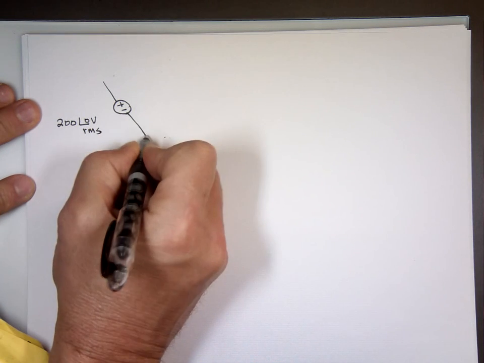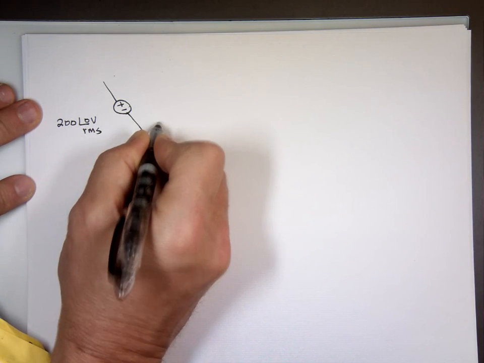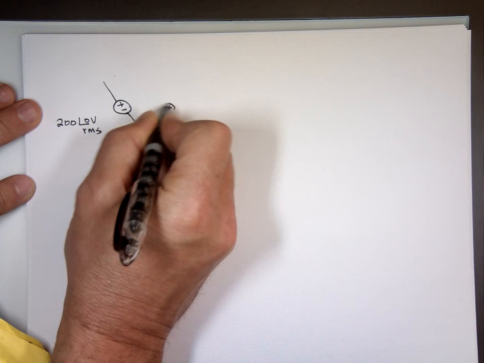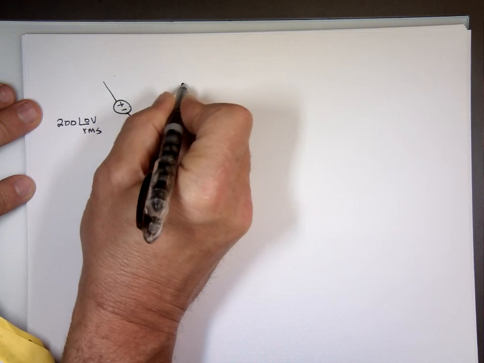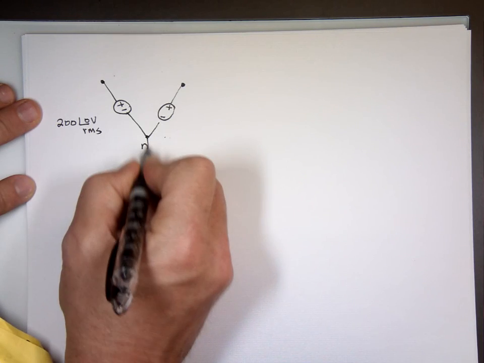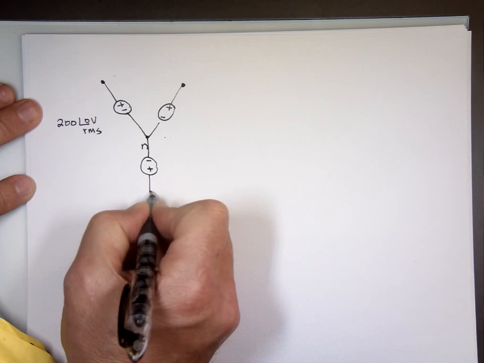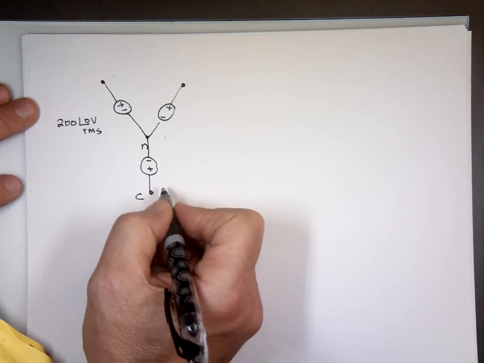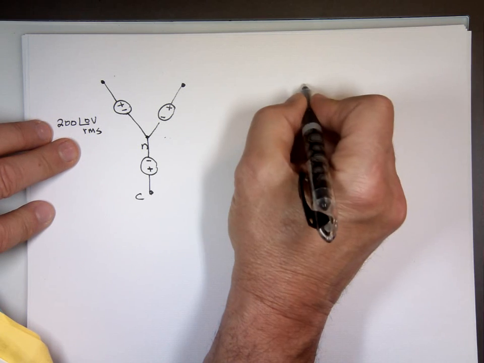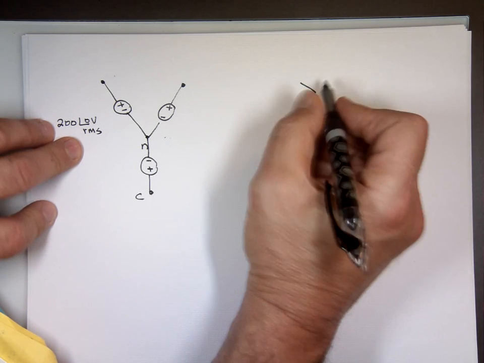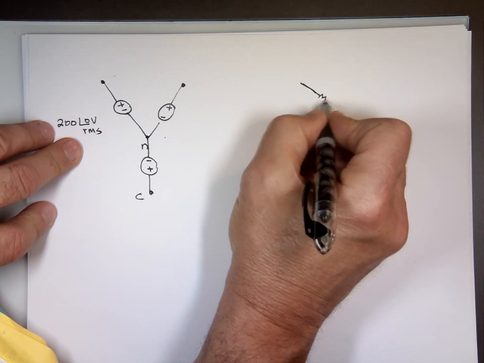This is N. This is B here, balanced source. This is C. And it's connected to a balanced load, which has a resistor and an inductor.